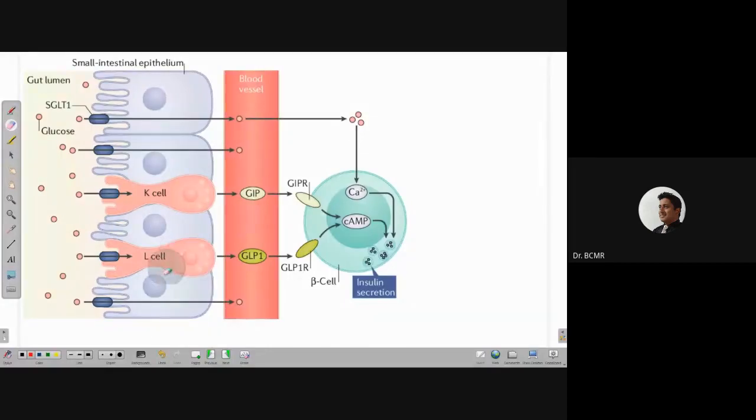So why did these authors choose K cells? Probably there were papers before this where they have tried liver cells and so on as well. Liver and pancreas are very close tissues in space as well as in their differentiation lineage. Okay, the question here is that these K cells produce GIP. When are they producing it? They are producing it in response to the glucose that is just digested.